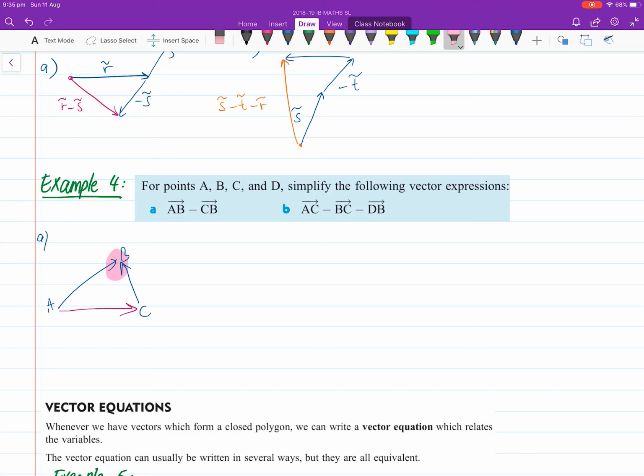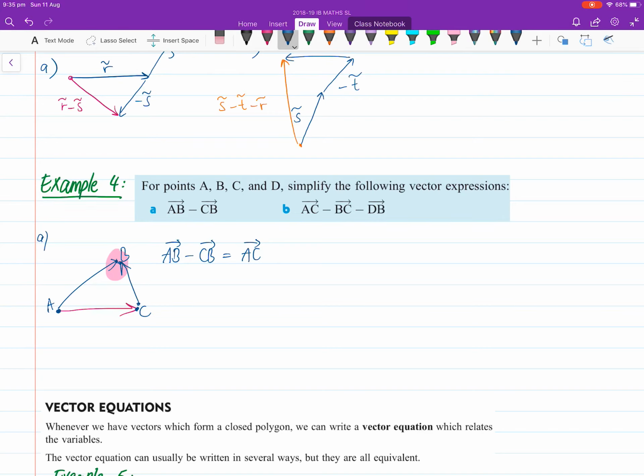So it makes sense to put it from A to C, because then you're lining up tail to tip, and then tail to tip, and then it goes from this tail at A to this tip at B. So that's it. Vector AB minus vector CB is equal to vector AC.